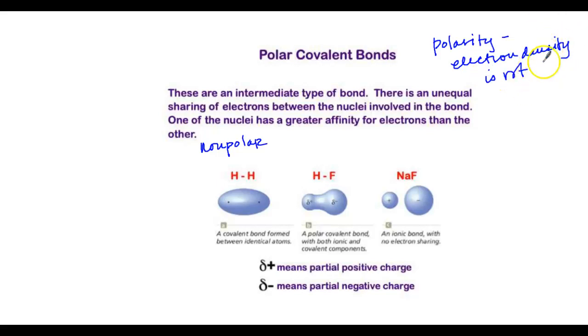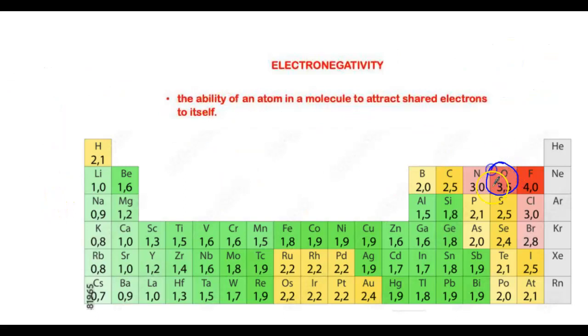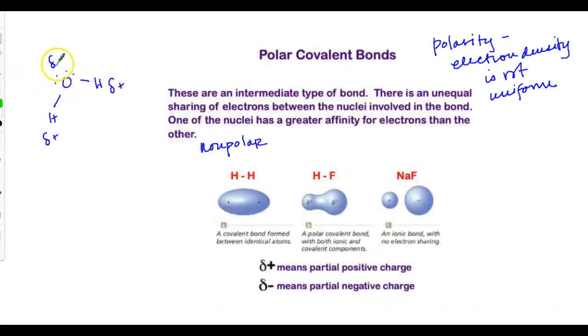If you have a molecule that is polar, that means one side of the molecule is a little bit negative and one side is a little bit positive. Water, for example, here's water. One side of the molecule, the oxygen side, is a little bit negative, and one side is a little bit positive. Altogether, it is net neutral, but because oxygen is a much more electronegative element compared to hydrogen, that side of the molecule is what we call partially negative.